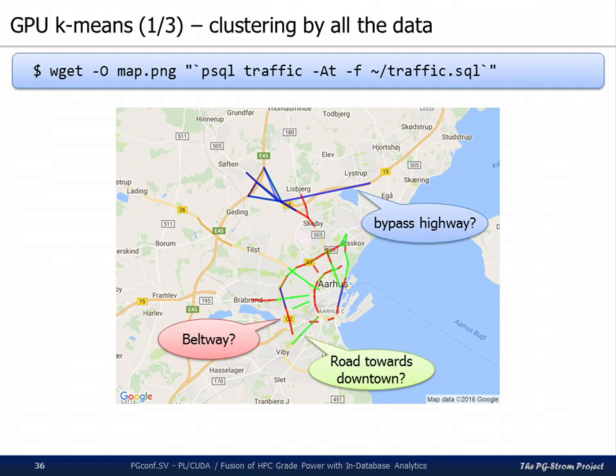And probably the green line looks like a road towards downtown, and the road seems to be always crowded, thus car speed is slow. And the red line shows a beltway, but I'm not sure of the characteristics.